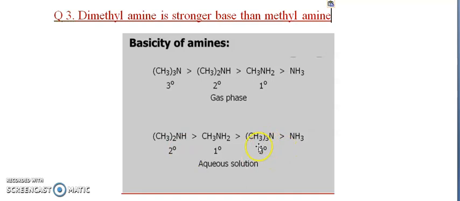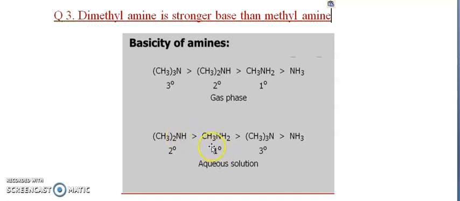Since in tertiary amine we have 3 bulky groups, 3 methyl groups, they occupy more space to arrange, so the lone pair of nitrogen is very difficult to donate. So in tertiary amine, because 3 methyl groups are attached, it will be difficult to donate the nitrogen lone pair. In secondary amine there are only 2 alkyl groups, so they will occupy less space. Due to this reason, the donation of the lone pair will be easy.